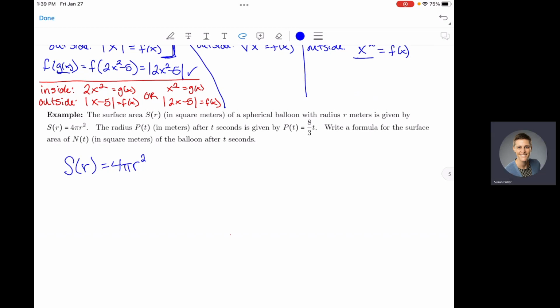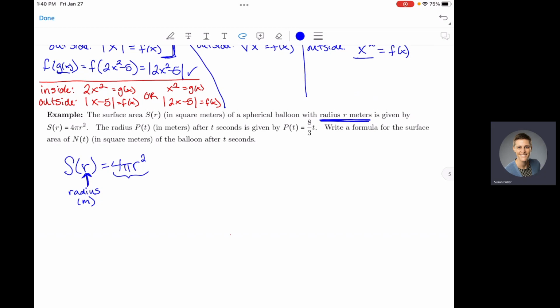Okay, so r is your input variable. Let's start with what goes into this thing. My input is r, and that r represents the radius of a balloon in meters. So this is going to be a radius in meters. So a radius goes into this function, and what comes out of this function?